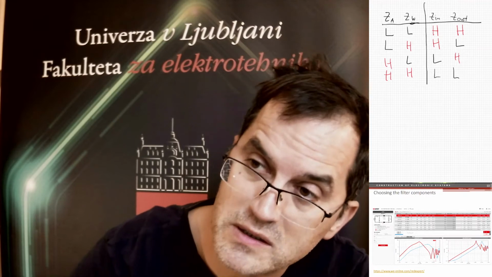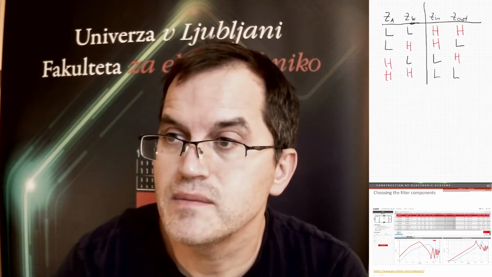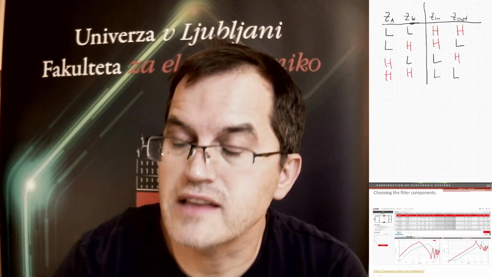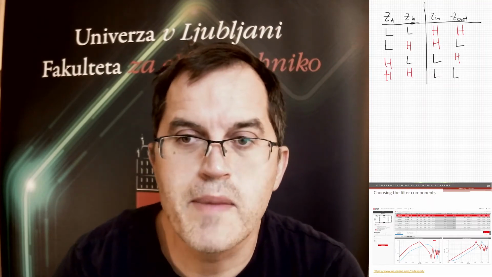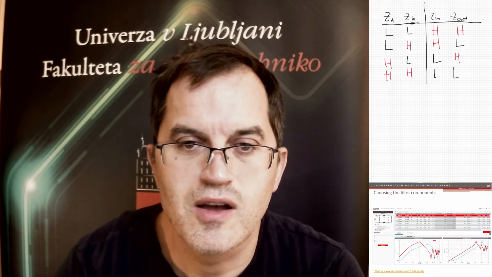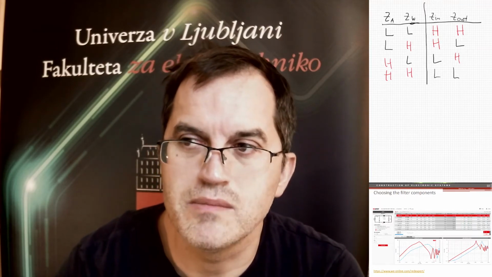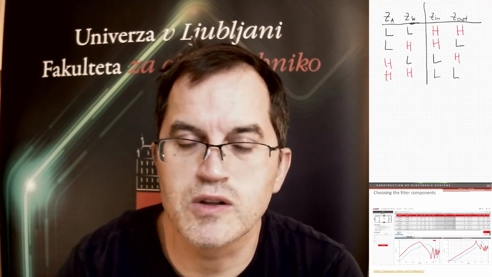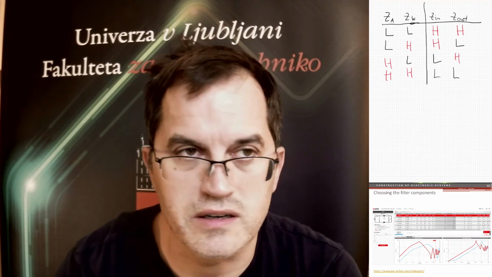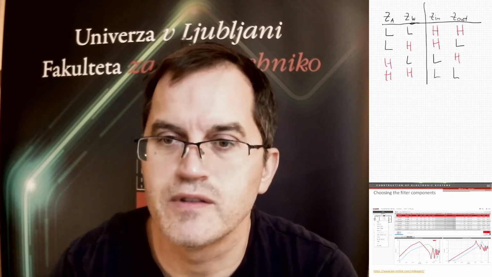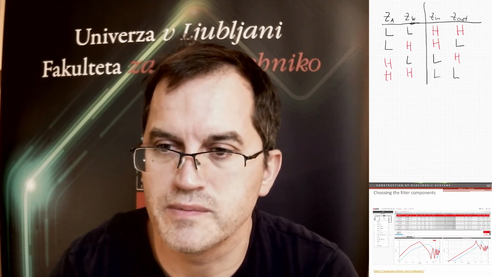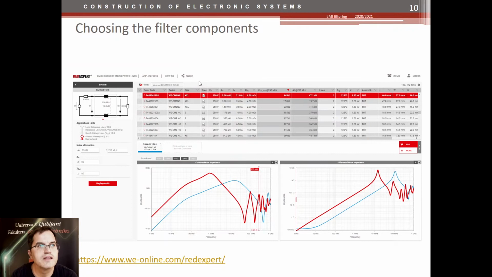REDEXPERT actually has a large database of their components, which include measured impedances of their coils, measured inductances, capacitances, with all the parasitics up to gigahertz. And you can choose your system here. I will now show you the picture. That's the Würth Elektronik REDEXPERT.